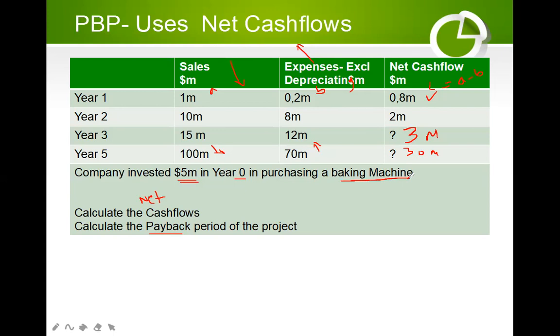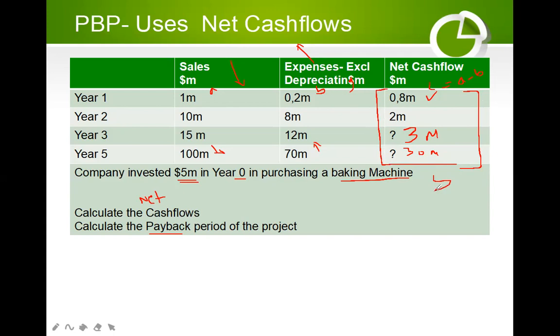They do everything in year zero, then they start trading in year one. I think it's making sense. So they invested how much? 5 million. Then we want to determine the payback period. In simple terms, how long will these net cash flows take to recover the initial investment of 5 million?